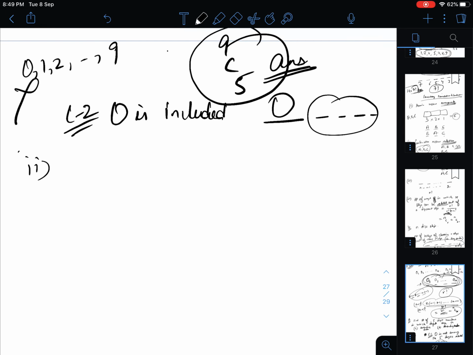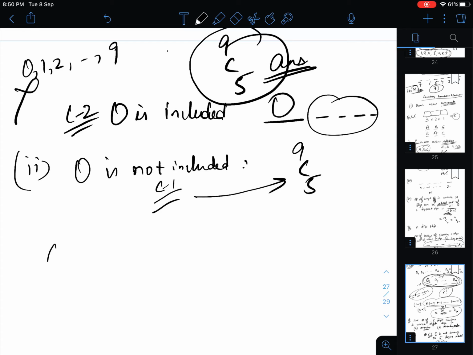Now second part. If 0 is not included, then you have 9C5 ways of selecting 5 digits, and there is only one way of arranging them in descending order. So case 1 is 9C5. Now case 2 is, if 0 is in the list of 5 digits that you have selected, then the only possibility is that 0 must be at the last place.